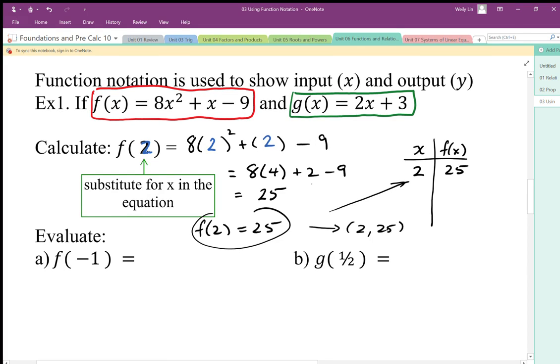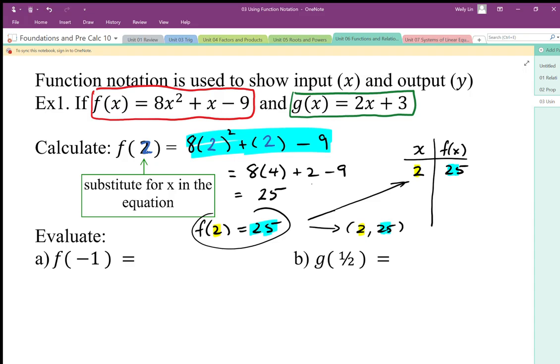We can put that on a graph. So this is what this function notation means. My input 2 is my x. My output 25 here is my y, and that's the result of this calculation that I did on the f of x function.